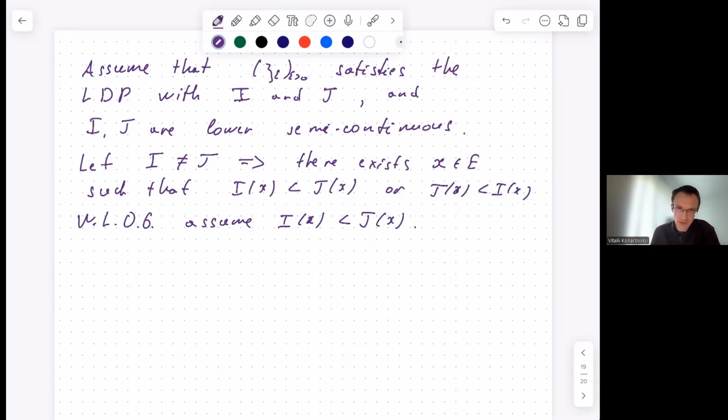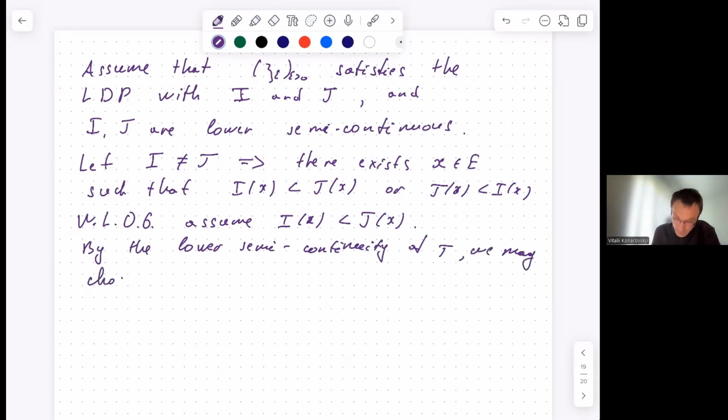Just using the lower semi-continuity of J, we may choose a neighborhood G of x.